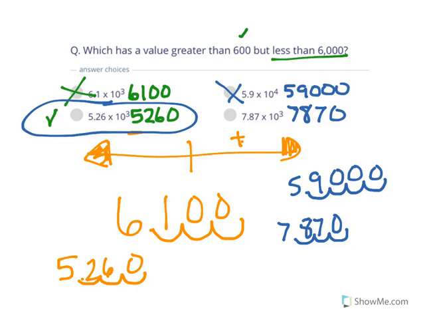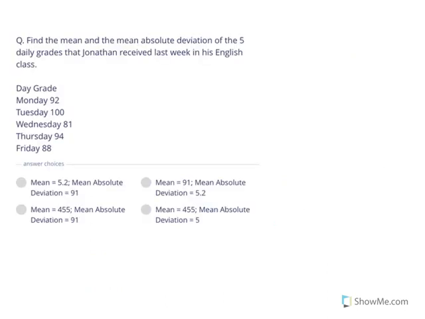Okay. Let's look at number 5. We're halfway there. Find the mean and the mean absolute deviation of the 5 daily grades that Jonathan received last week in his English class. So mean.